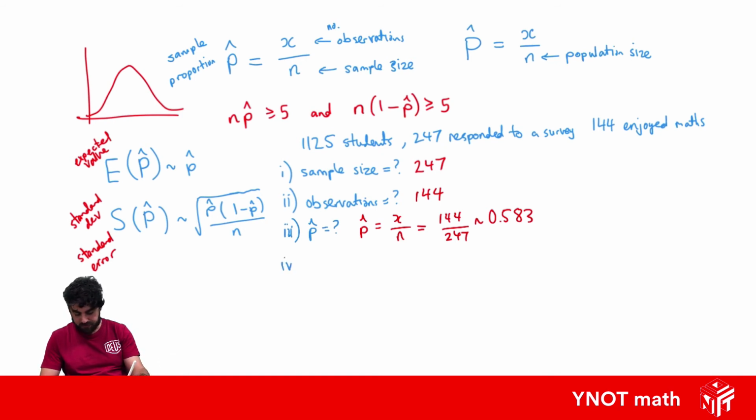Now we're after the population proportion, so capital P hat. Now, it's kind of a trick question because we can't actually know that. The only way we could know that is if all 1,125 students responded to the survey. That's the only way to find the population proportion. So this is actually unknown.